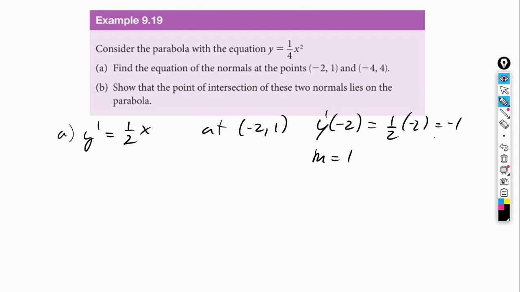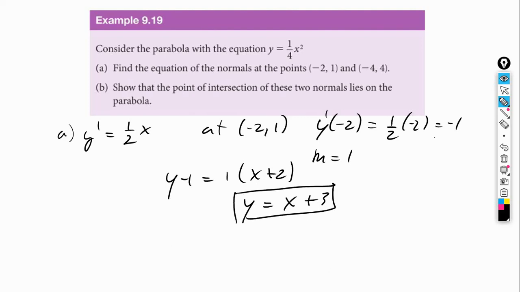Why? Well, because -1 times 1 is -1. So we have everything ready for the first equation. The first equation then would be y minus 1 is equal to 1 times x minus minus 2, so x plus 2, and then that means that y is equal to x plus 3. So this would be the first equation.